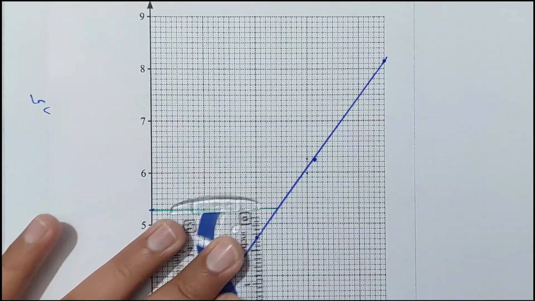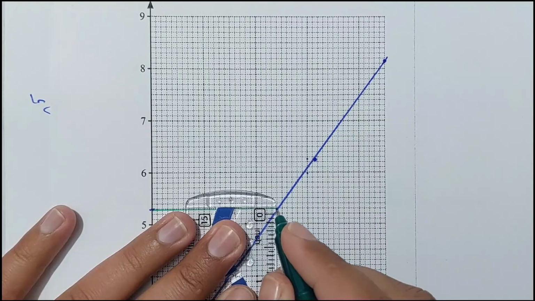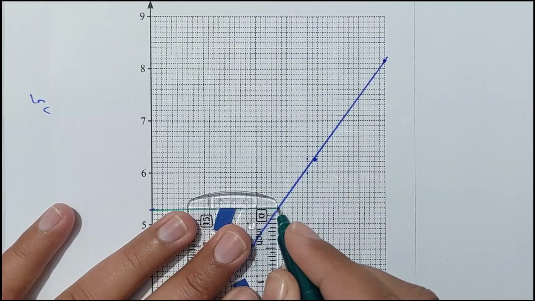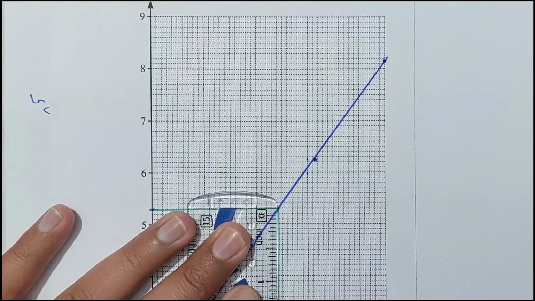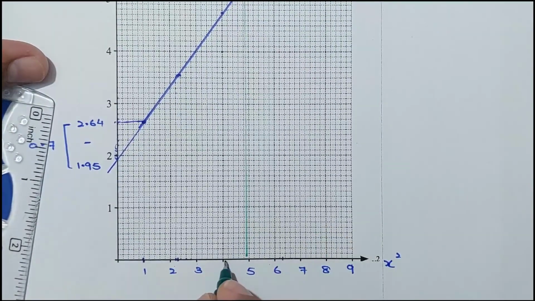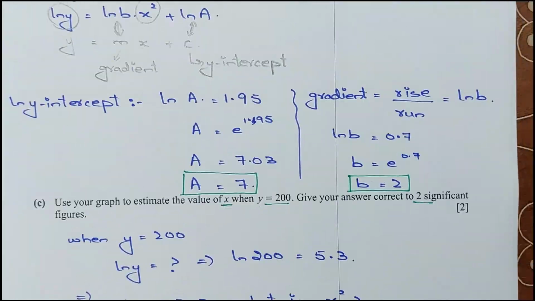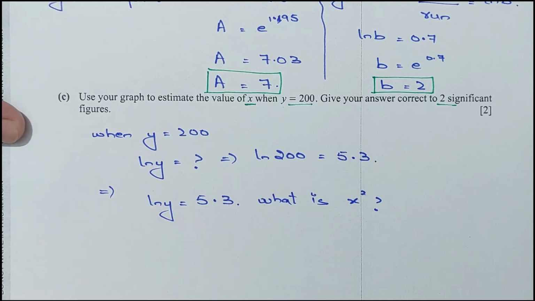What is my x square? All right, so my x square is 4.2, 4.4, 4.6, 4.8, 4.9, 4.85 is better. Take the middle. Yes, my x square is 4.85.